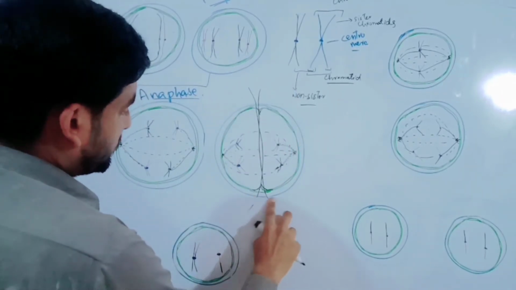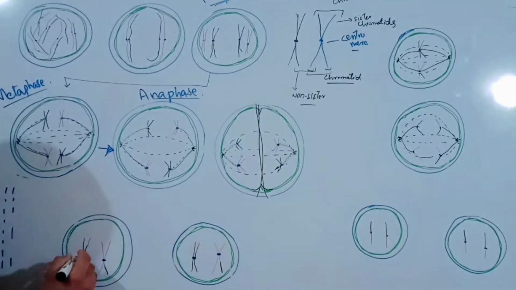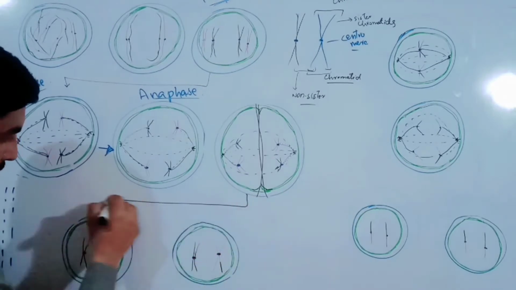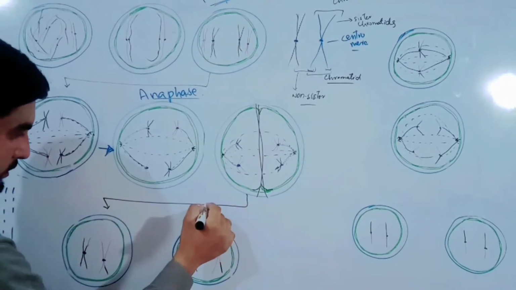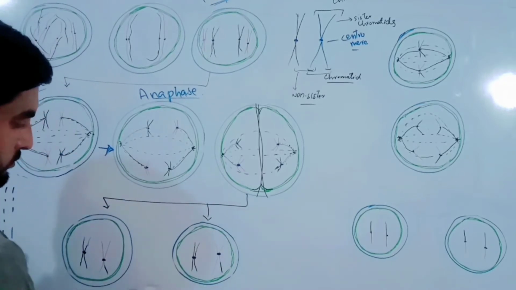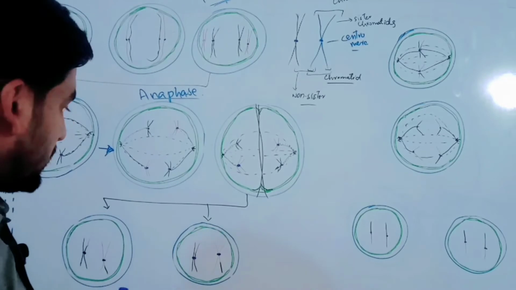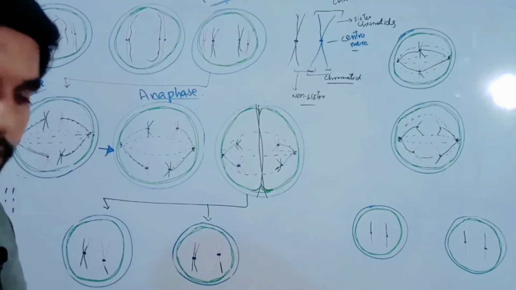Okay, then the whole cell divides into two. These are the two daughter cells.